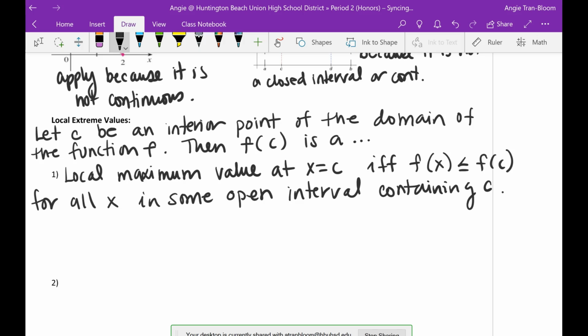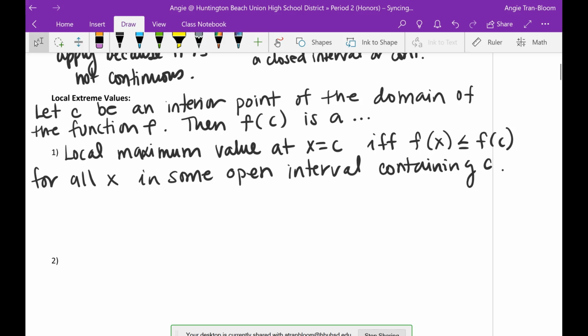So look at the definition. Isn't it any different? Okay. And then we'll draw a picture and put both the absolute and the local together.